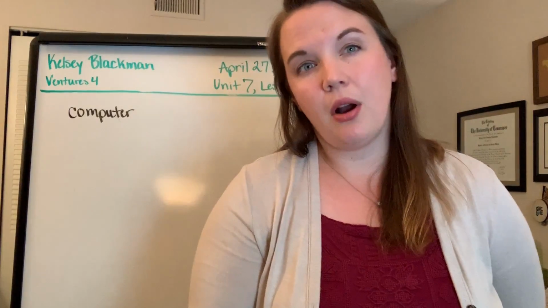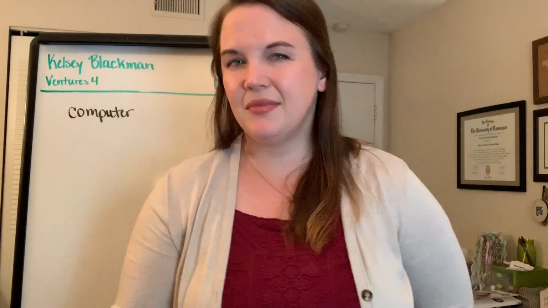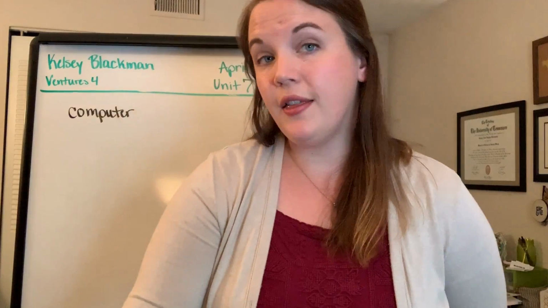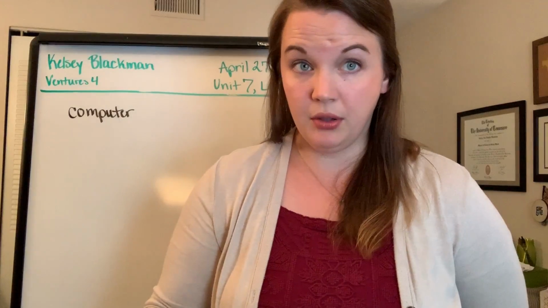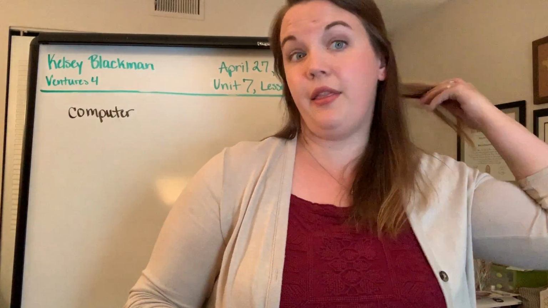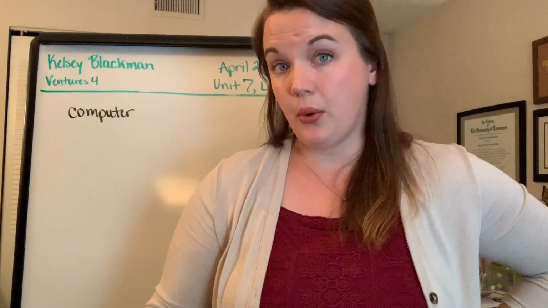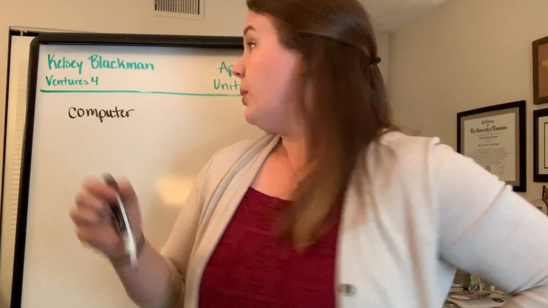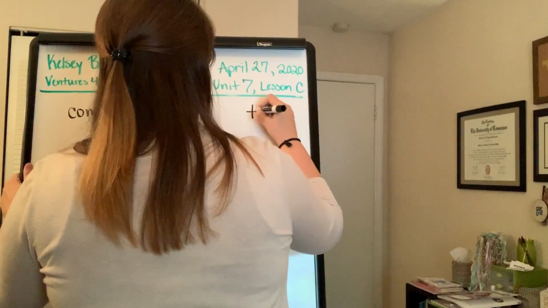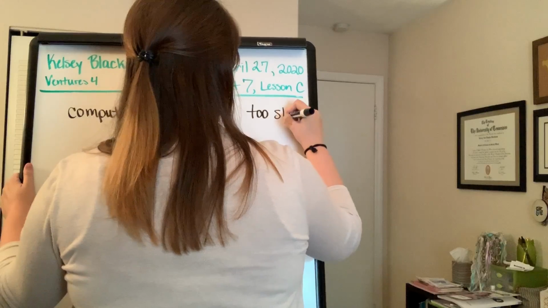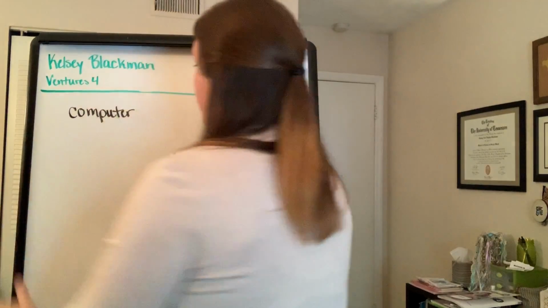Probably a computer is not torn. It could be the wrong color, but let's keep going. Too slow. Of all the items in the first column, I think the computer is the only one that can be too slow. So that will be our word from the third column.